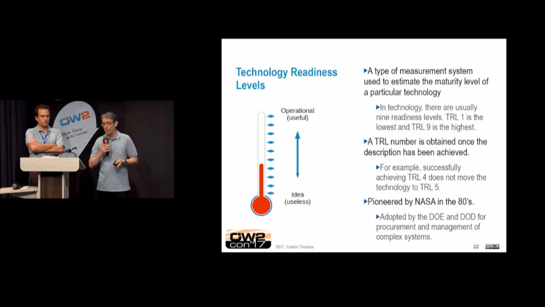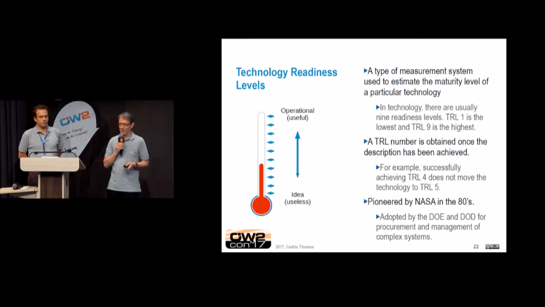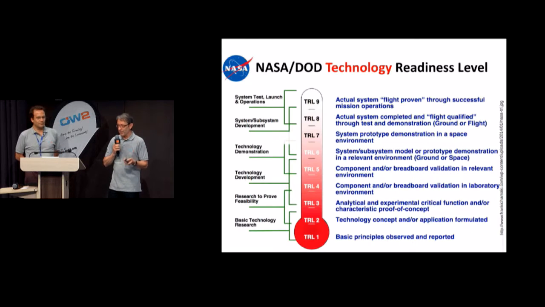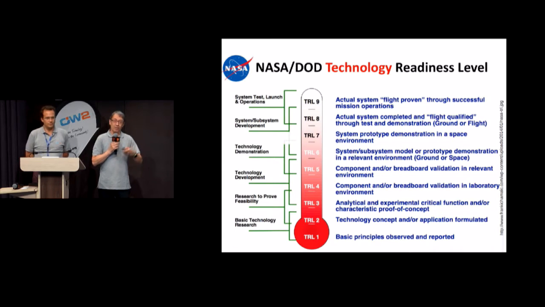a way of measuring the maturity of a technology that goes from the bottom, what's useless, to the top, what is totally established and mature. So we were looking at that, and you know, you're all familiar in the research industry, of course, with this scale, which has been developed by the NASA, then reused by the Department of Defense, and also by the Department of Energy.